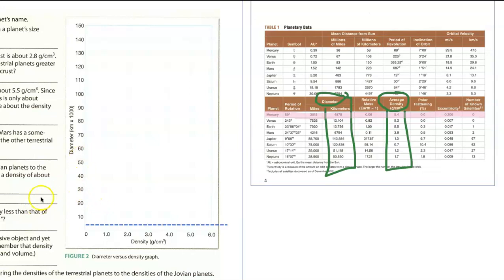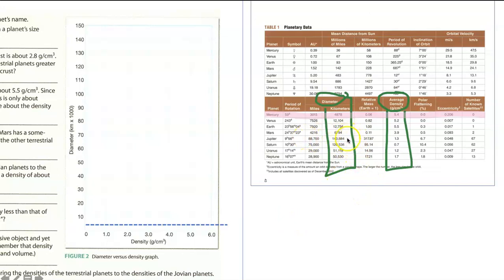So 40 really means 40,000 kilometers, and 110 really means 110,000 kilometers. So 5, which isn't written here, but would be halfway between 10 and 0, would mean 5,000 kilometers, and that's pretty close to what this is. So I just warn you about that, because that's the one thing about this graph that people find tricky.